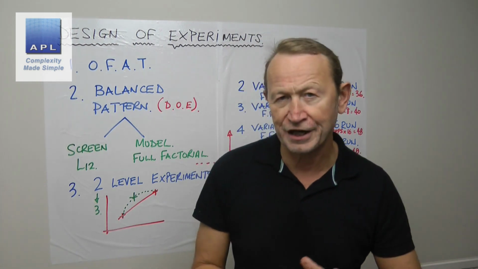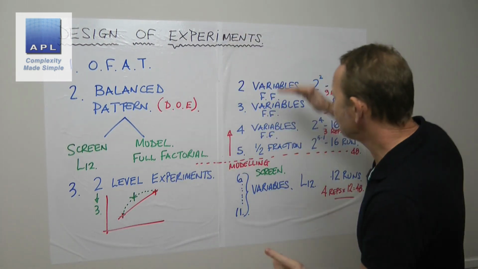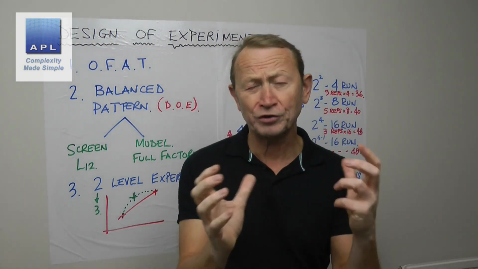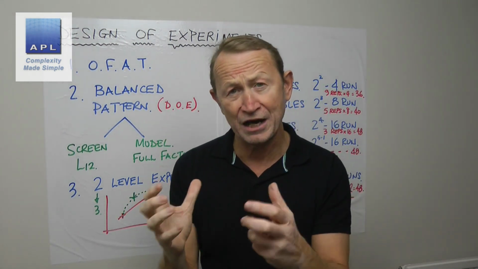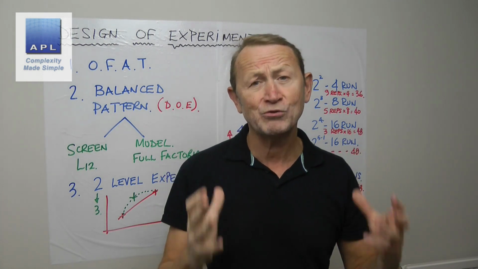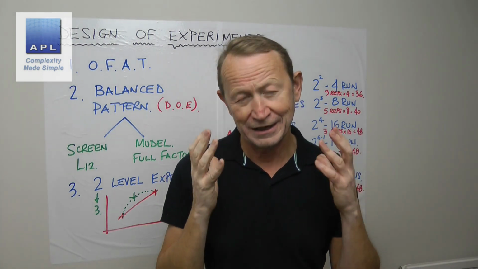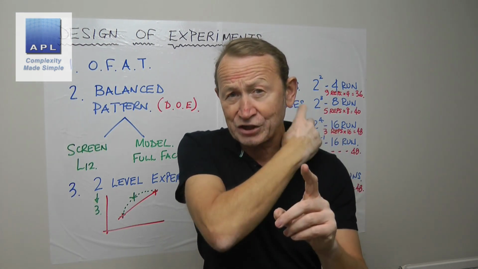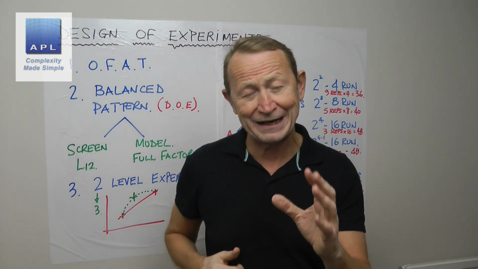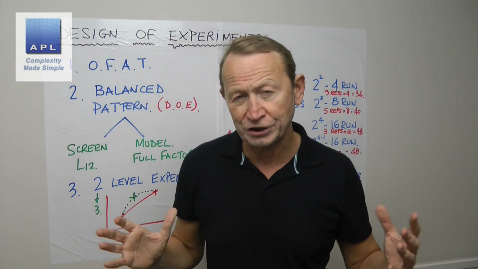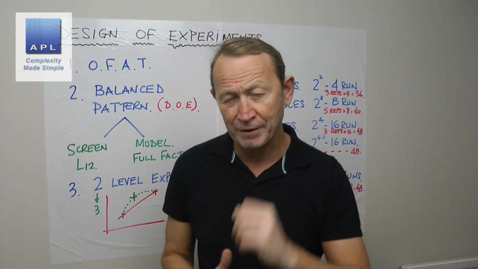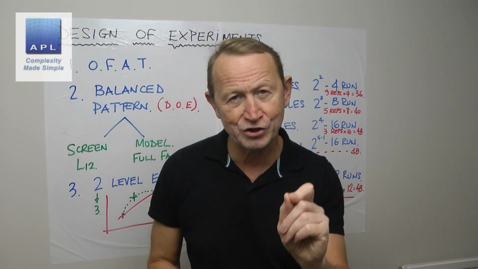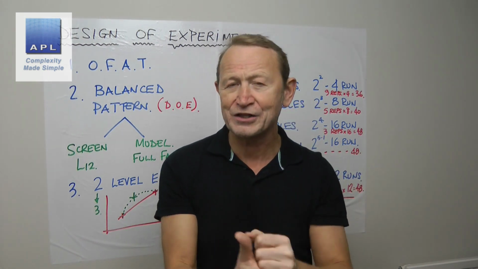Now in the next video, we're going to show you how to plan for one of these things. One of the most crucial things of the DOE course is how to properly plan an experiment. And that's in the next video. Now the next video is going to be a little bit lengthy, possibly 40-50 minutes. So what I want to make sure is when you go to the planning video, you've got plenty of time, because planning is the bit.